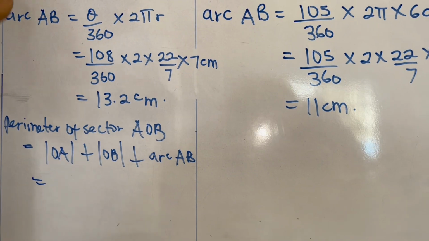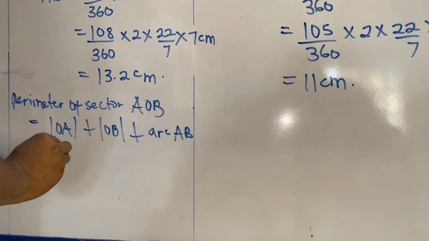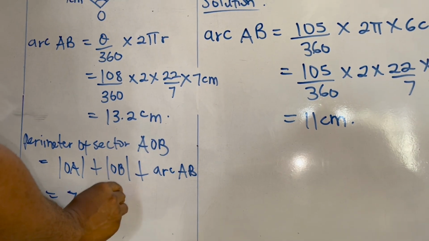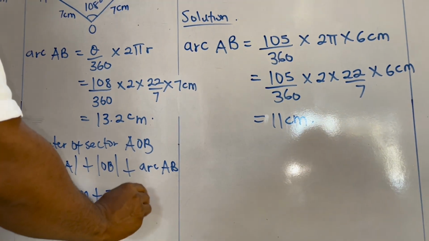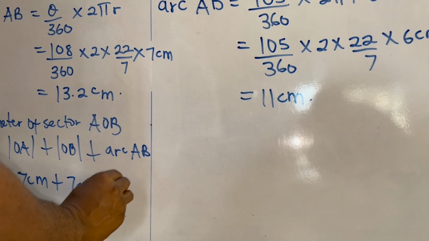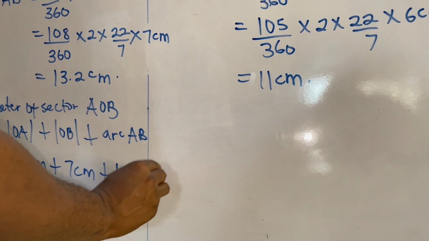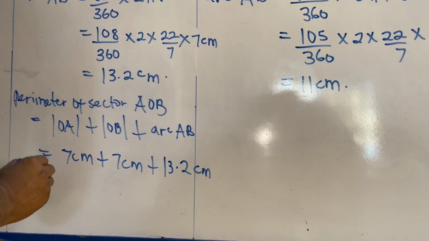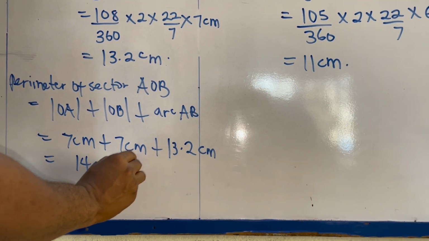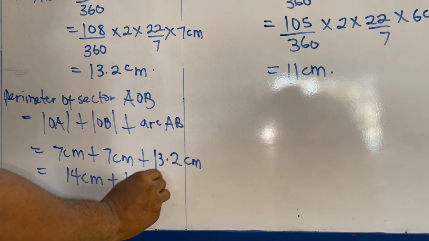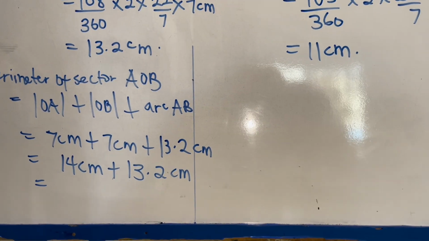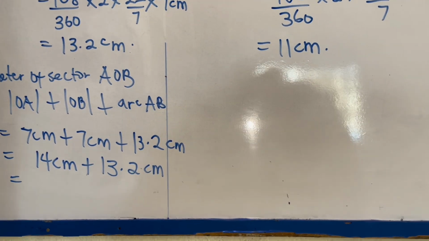We have that OA is 7 centimeters, OB is 7 centimeters, and the length of the arc we got is 13.2 centimeters. If you add 7 plus 7, that is 14 centimeters, plus 13.2 centimeters.